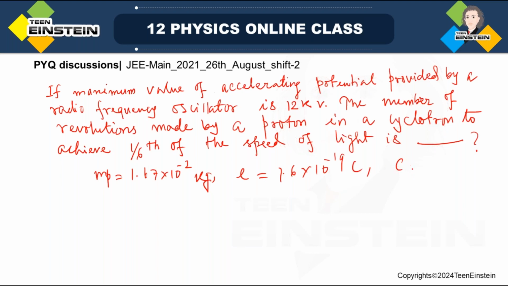Speed of light c is given as 3 into 10 to the power 8 meter per second. So these are the informations given. So you have to find out what is the number of revolutions made by the proton in a cyclotron so that it achieves energy such that its speed becomes one sixth of the speed of light. Okay, I'll just tell you what it is.